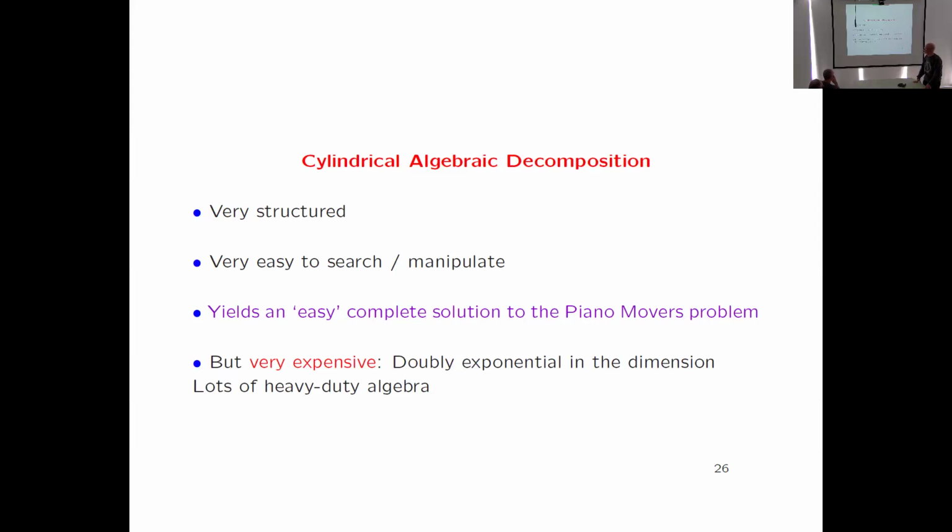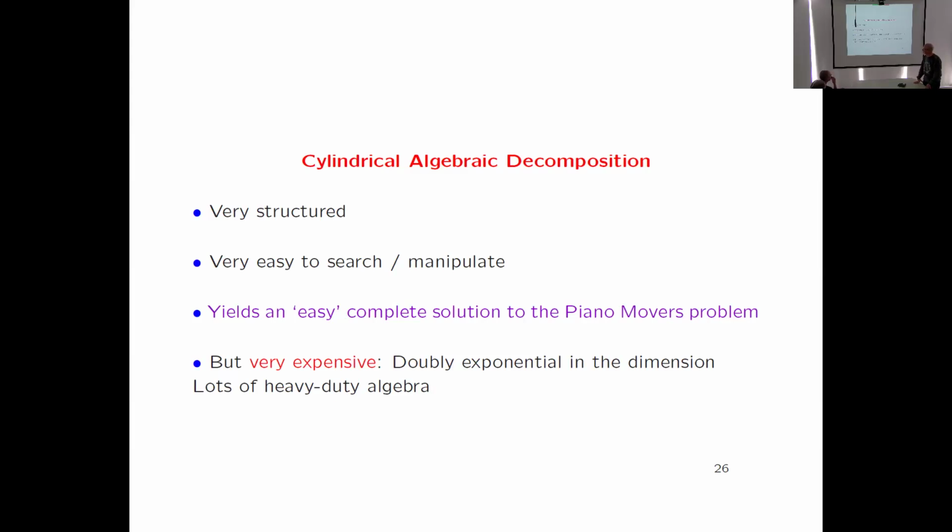But the catch is that this is extremely expensive. The number of cells is doubly exponential in the dimension and in some other parameters. So it's not a very good structure, but still it gives you a solution.